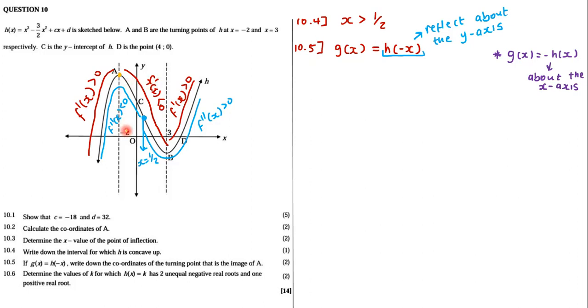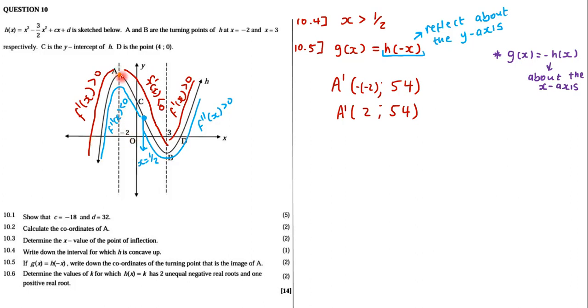Because we are just changing the x value, this image of A will have the same y value, which was 54, but the negative 2 is going to become 2. So it's (2, 54). That's what it means to reflect it about the y-axis.